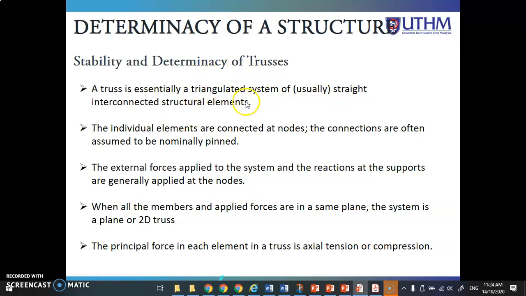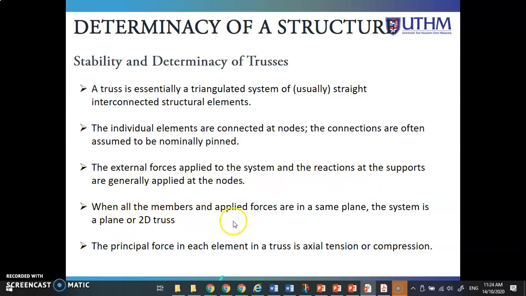Okay, so we already know that truss is essentially a triangle system, which is the straight member interconnected with the other member. So the individual elements are connected at node, and the connection are often assumed to be pin. So the external forces applied to the system and the reaction at the support are generally applied at nodes.